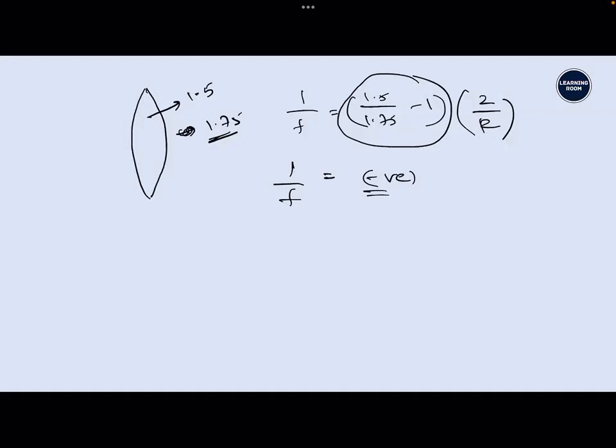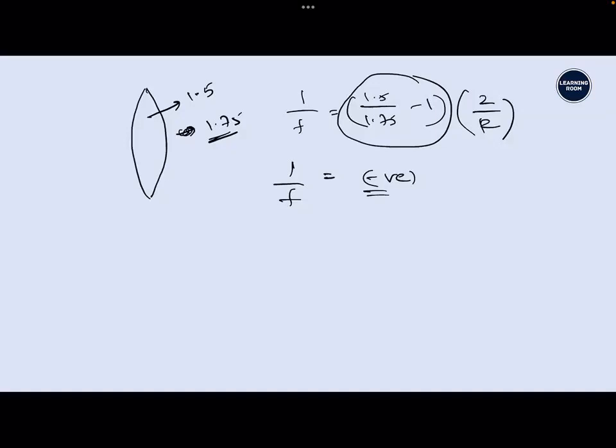Whenever you take a lens material and drop it into a medium of greater refractive index, the nature of the lens will change. A convex lens will start behaving like a concave lens, and a concave lens will start behaving like a convex lens. Is the point clear?